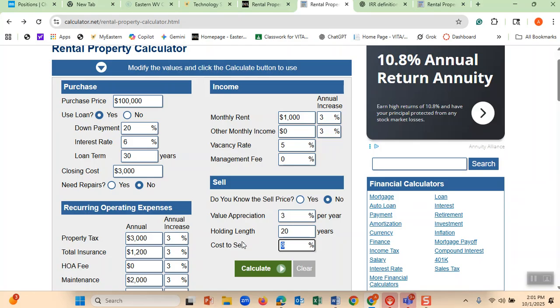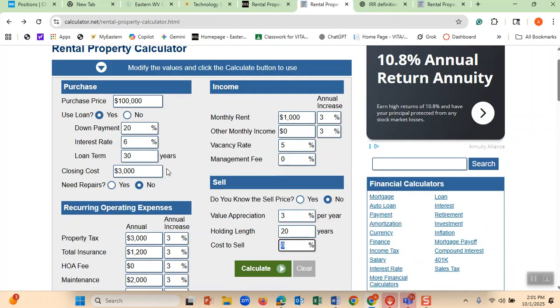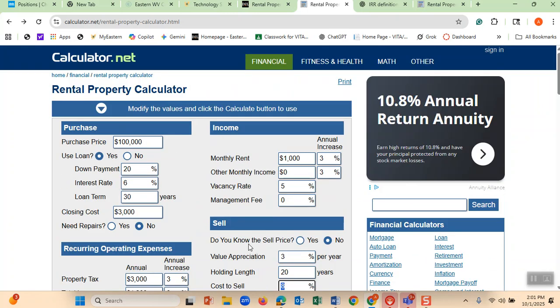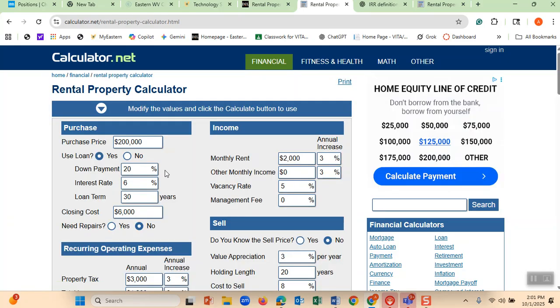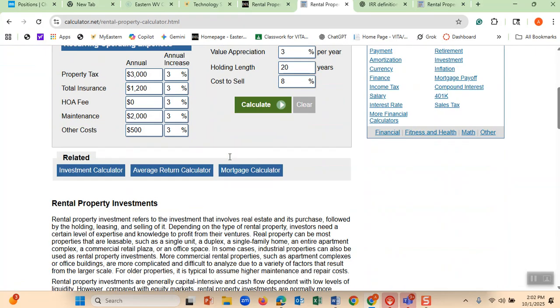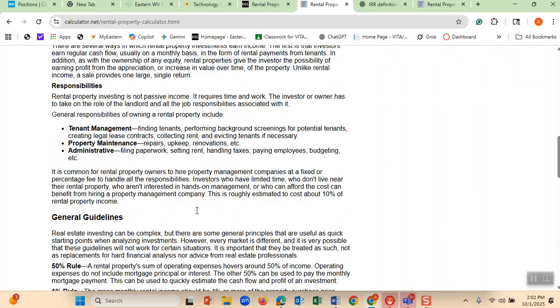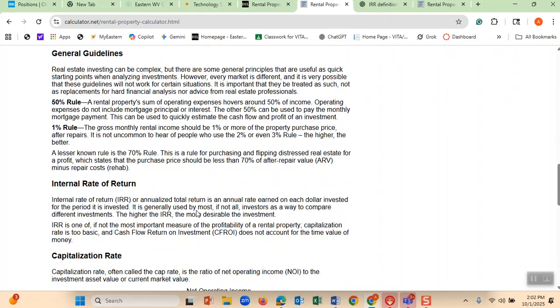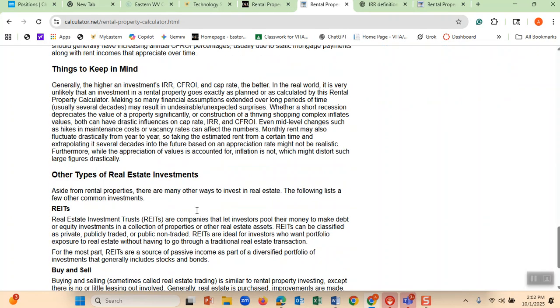Therefore, you do the calculation and put the screenshot, copy this one, put it on the discussion board, and put the first screen also, the one that we had in here, and the rental property calculator, and put this one as well, and have some explanations of what it is. And I strongly recommend reading these and understanding what they are, because you never know, you might end up buying a real personal property.